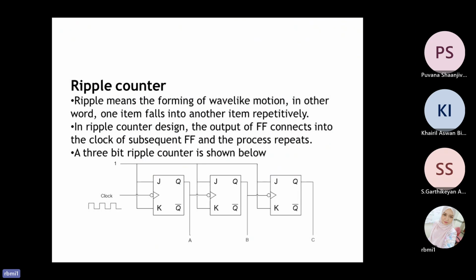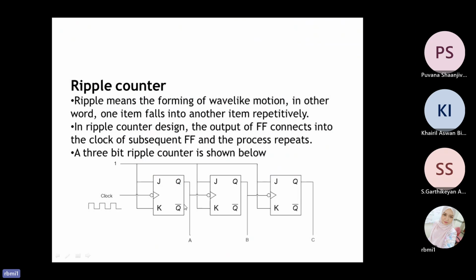However, this type of counter suffers from glitches and can be slow for high frequency input. In addition, the delay between the output of the flip-flop and the input of the next one can cause errors in the count sequence.